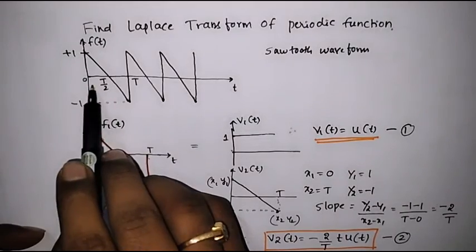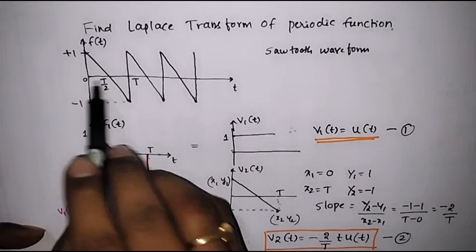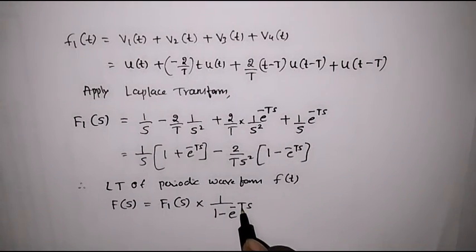So here the period of this periodic function is T, that is T minus 0 is T, therefore it is Ts.